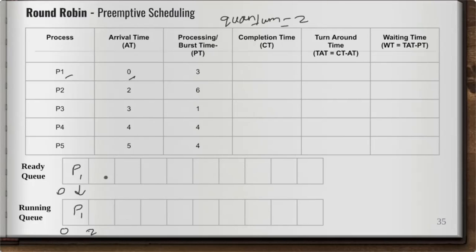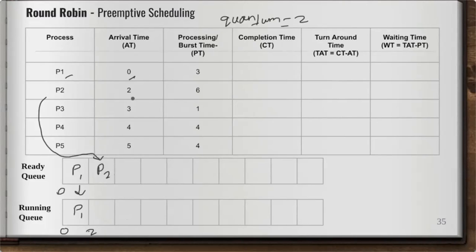And once we run it for 2 units, we check at 2 units of time, are there any processes that have arrived? Yes, we can see that P2 has arrived, right? So if P2 has arrived, then we're going to place that P2 into the ready queue. So P2 goes ahead and moves to the ready queue.